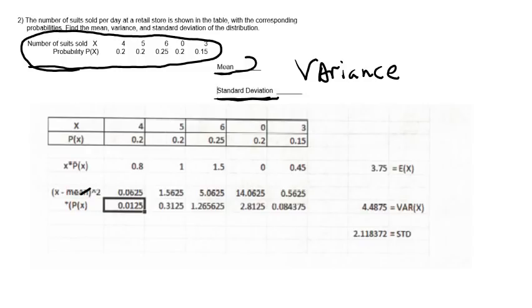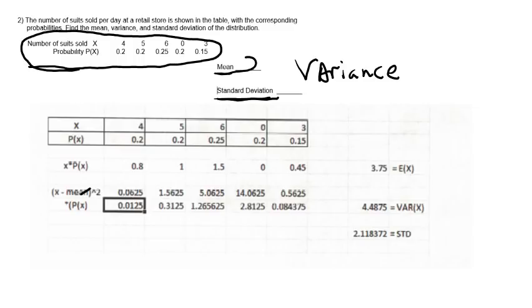I'm taking each data value, subtracting the mean, and then I'm squaring it. That's what each individual data value that I just checked off was obtained from. Again, if I take 0 minus 3.75 and I square it, I get 14.